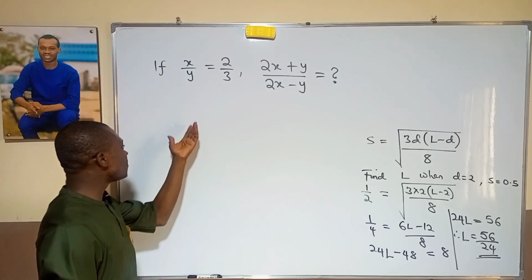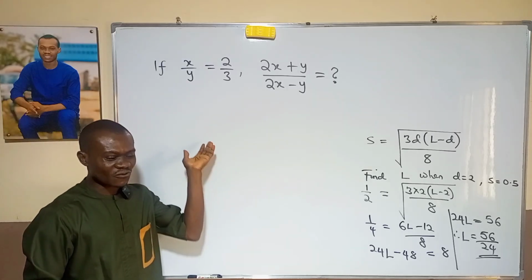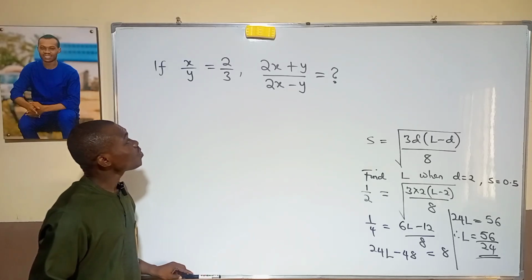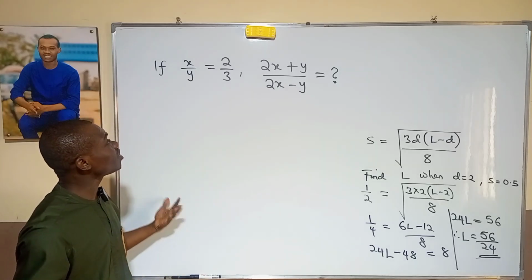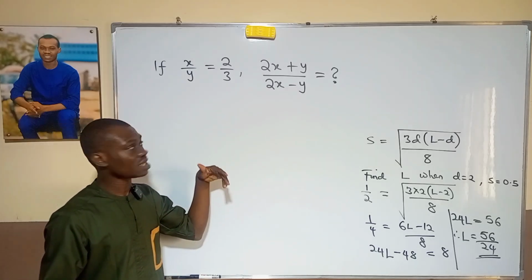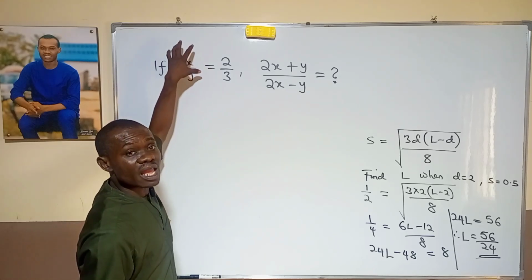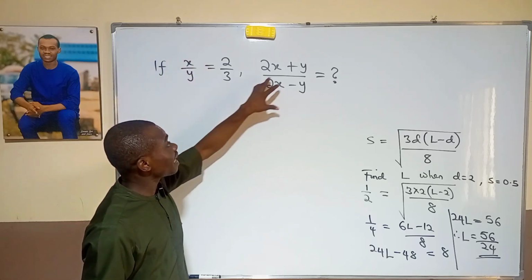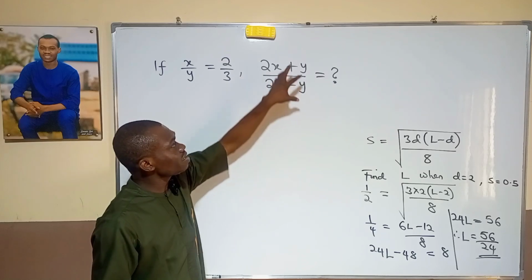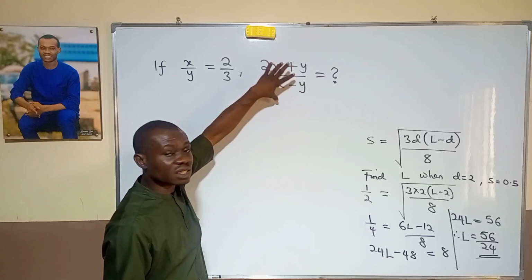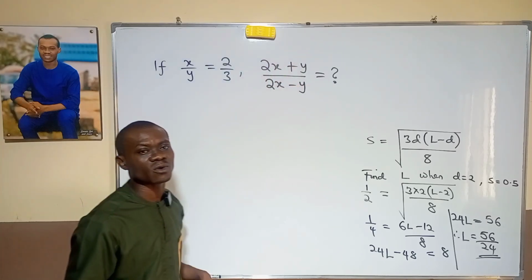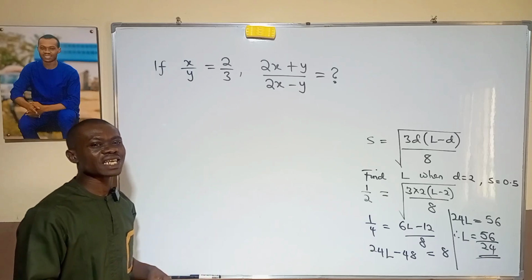Now, the example we have here looks funny. You can clearly see that instead of giving you the value of x and the value of y, they are giving you x over y and then asking you to substitute it. And the expression where you are to make the substitution does not contain x over y. So what are you expected to do?